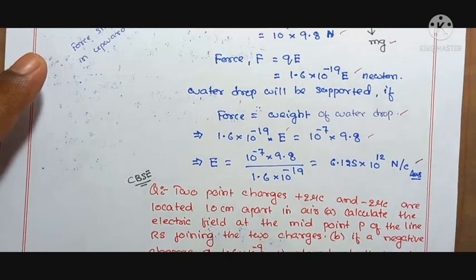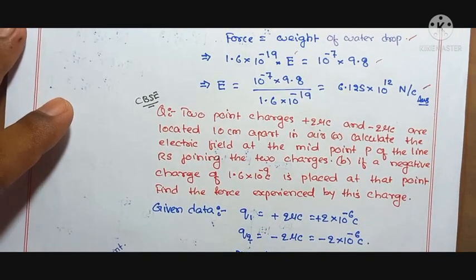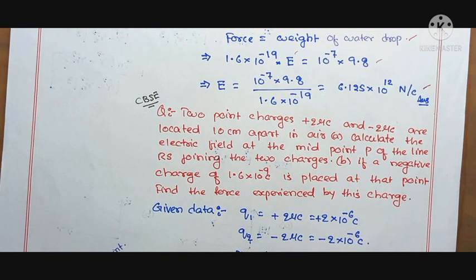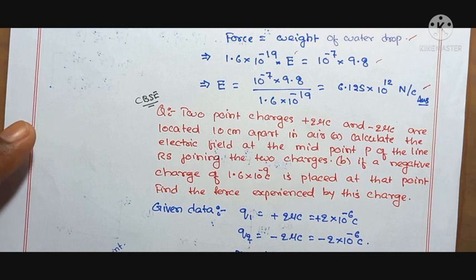ठीक है। One more exam question. 2 point charges +2 microcoulomb and -2 microcoulomb are located 10 cm apart in air. Calculate the electric field at the midpoint P of the line RS joining the two charges. Second bit, if a negative charge of 1.6 into 10⁻⁹ coulomb is placed at that point, find the force experienced by this charge.